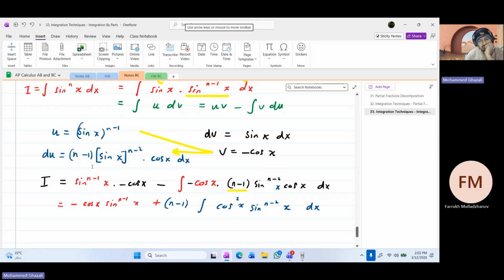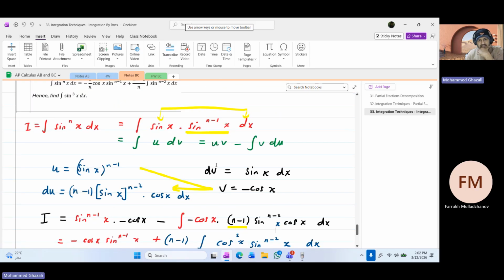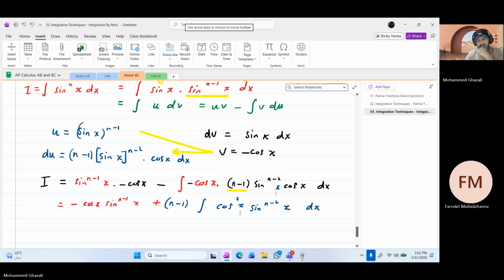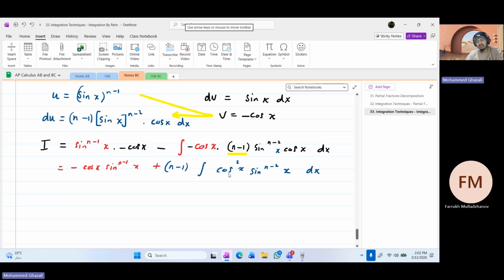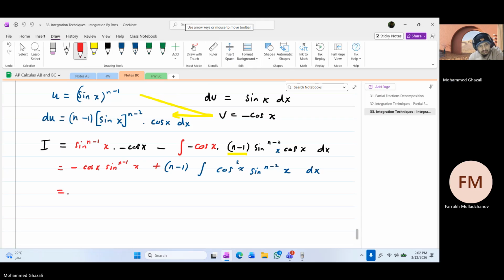The derivative of this is correct. Integrate sine x, negative cos x. Unless we need to change the cos squared into 1 minus sine squared. I'm going to try that out. I'm going to change the cos squared into 1 minus sine squared x.